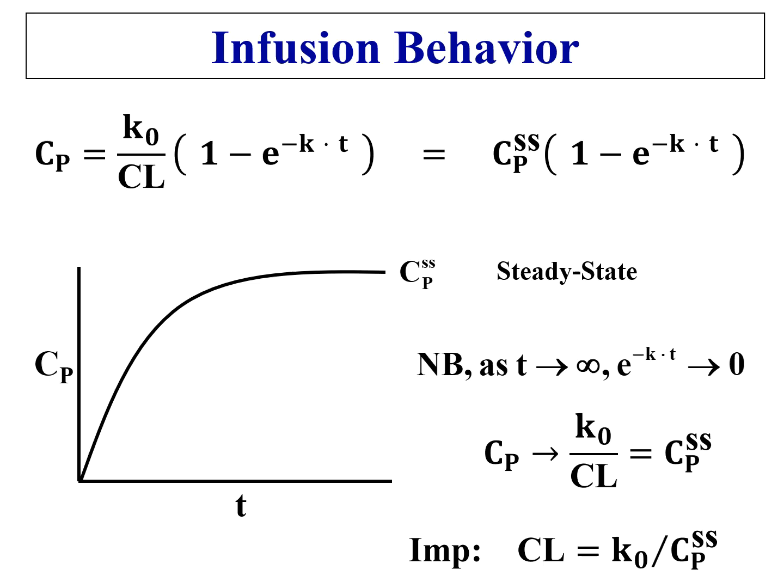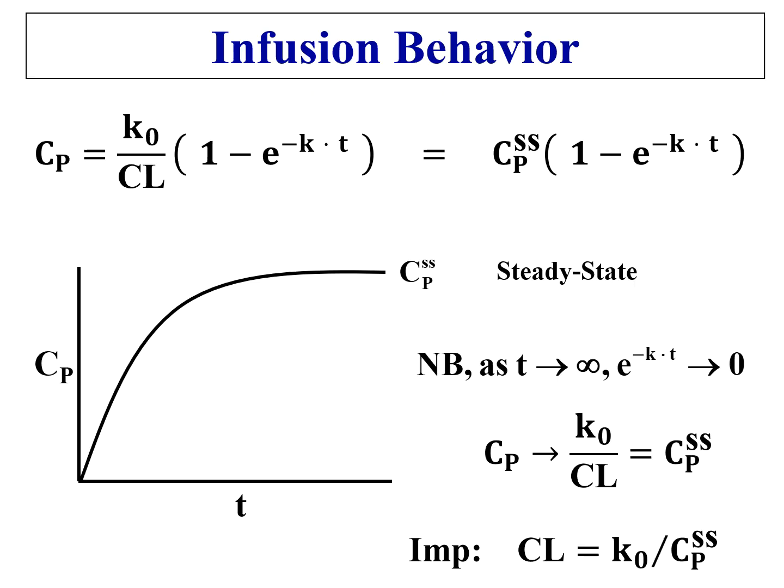So let's look at the first behavior of this function. It says that plasma concentrations will rise, and if they continue, they'll reach a steady state. What we see in the equation is that in the exponential, as time approaches infinity, e to the minus kt approaches 0.